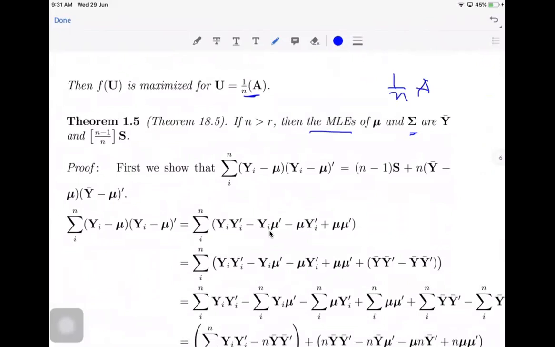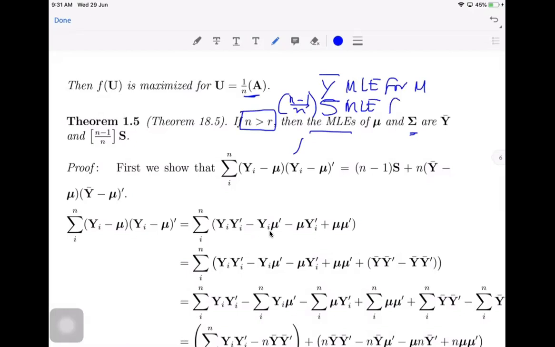And then this theorem is telling you that as long as this condition is satisfied, y bar will be the MLE for mu, and n minus 1 over n times S will be the MLE for sigma.